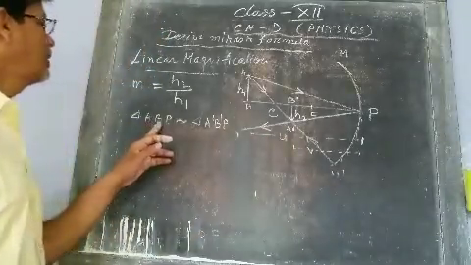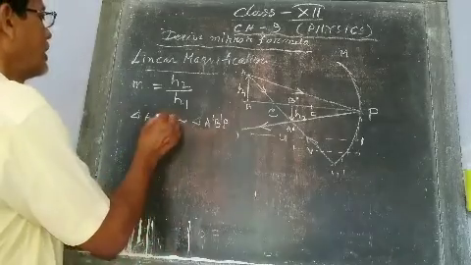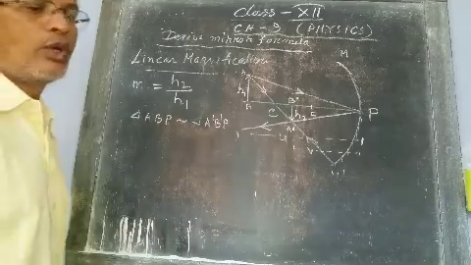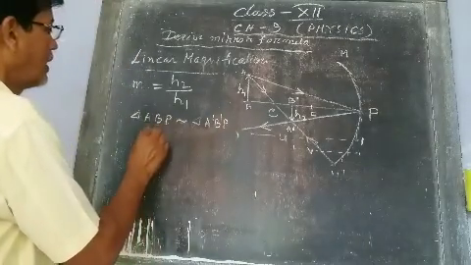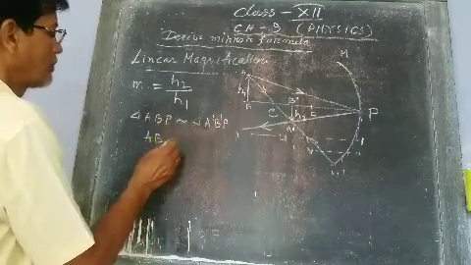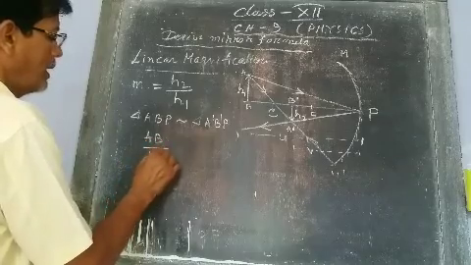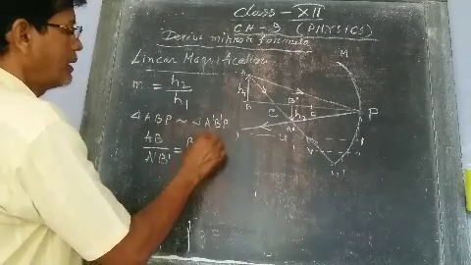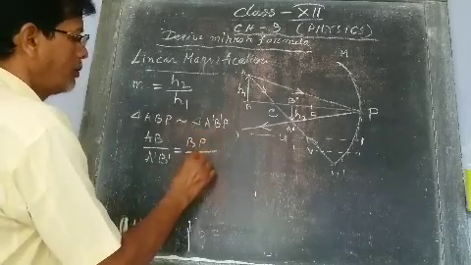So when this is similar, AB by A dash B dash equal to BP by B dash P.